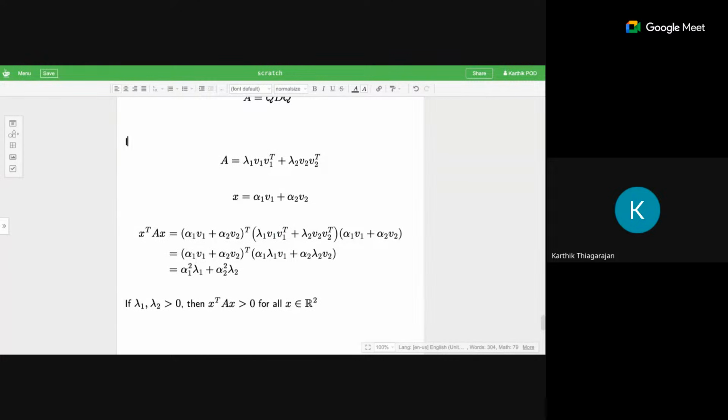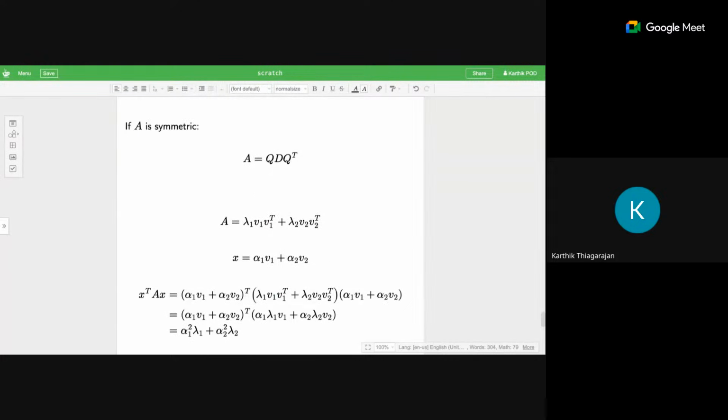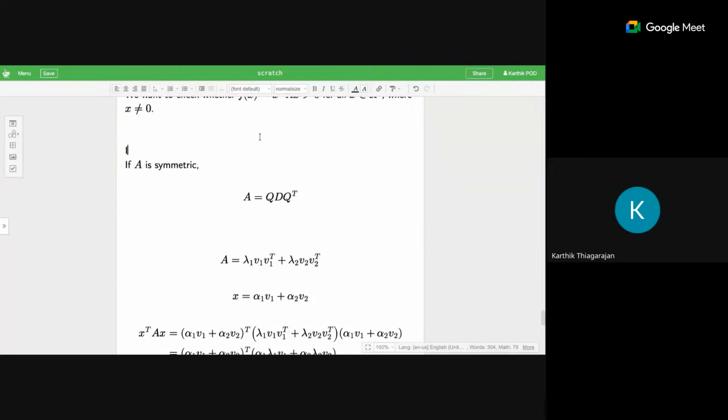So what have we shown? This started right here. This whole thing goes on to show that if A is symmetric with positive eigenvalues, then f of x equal to x transpose Ax is positive definite.